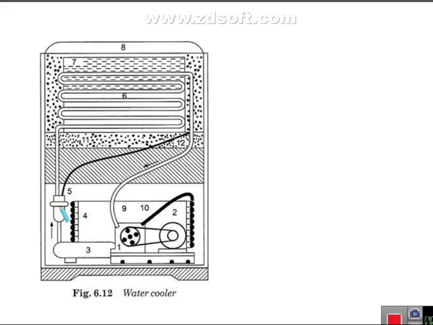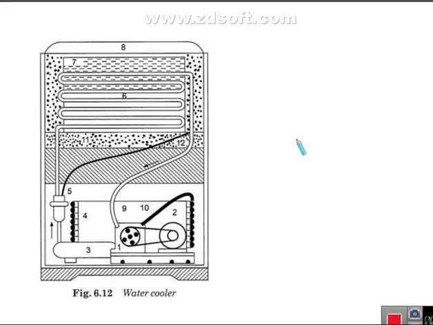The expansion valve is there. Then the evaporator tubes are there. That is the water tank, which is filled with water. It is surrounded by expansion tubes. The sides of the water cooler are filled with insulator or glass. So that is the basic diagram of a water cooler.